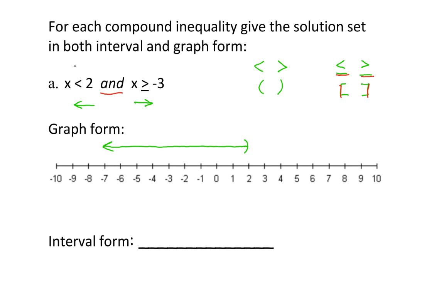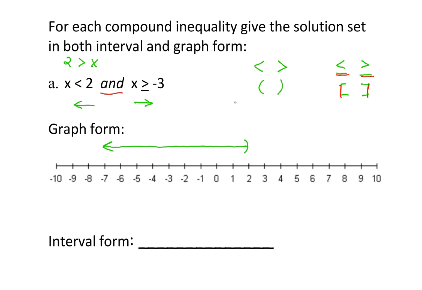So if your variable is not first, for example, if it was 2 is greater than x, you would not be drawing your arrow to the right because the x is not first. You would have to flip everything and write it as x is less than 2. We're flipping it, and then you can go the direction that the imaginary arrow is pointing.